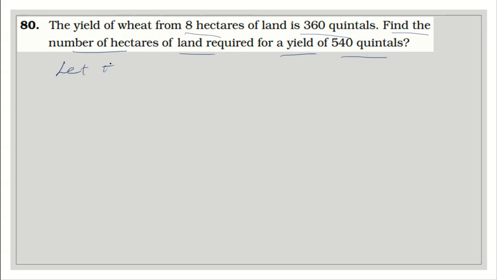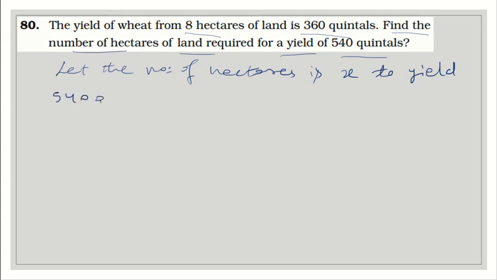Let the number of hectares be x to yield 540 quintals. That means in 8 hectares you are yielding 360 quintals. In x hectares you will yield 540 quintals.